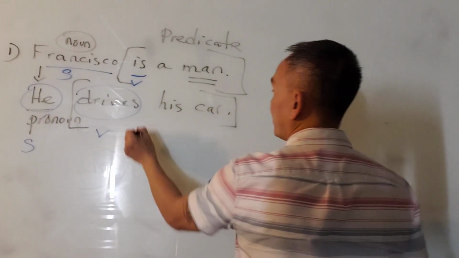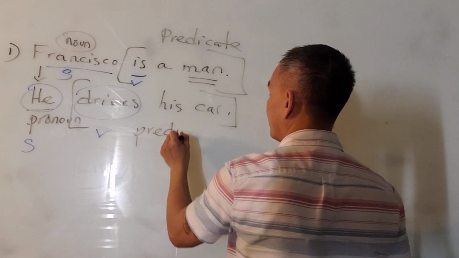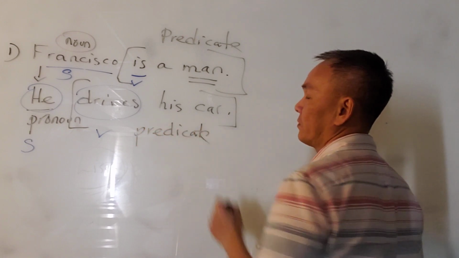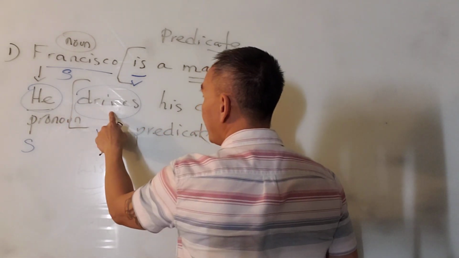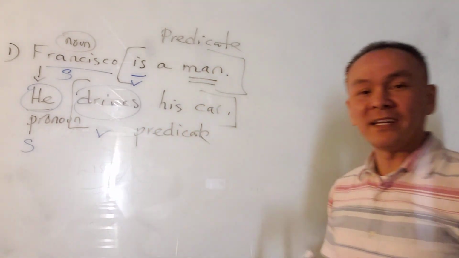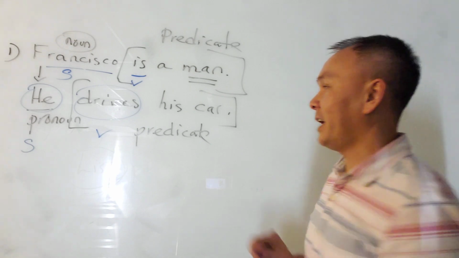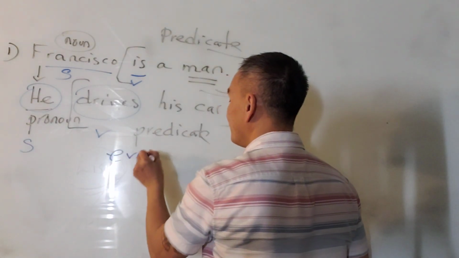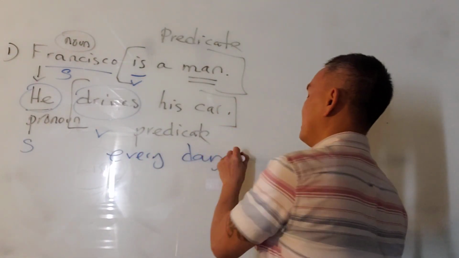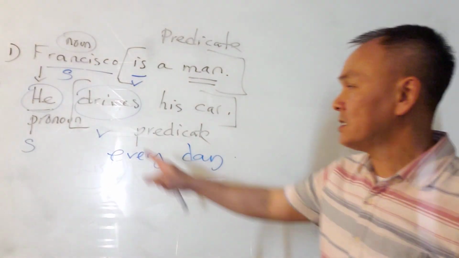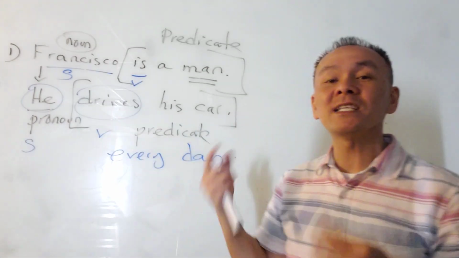Drives his car. That's the predicate. Now, he drives his car. When does he do that? If you say every day, then you are correct. So this is called simple present.